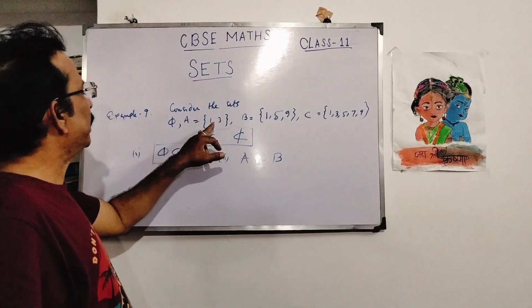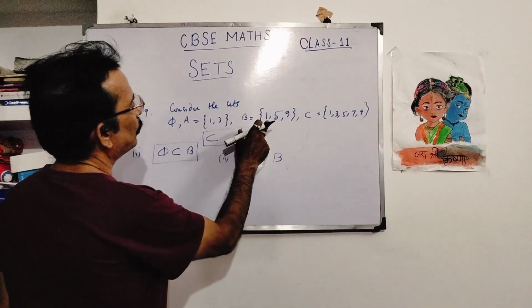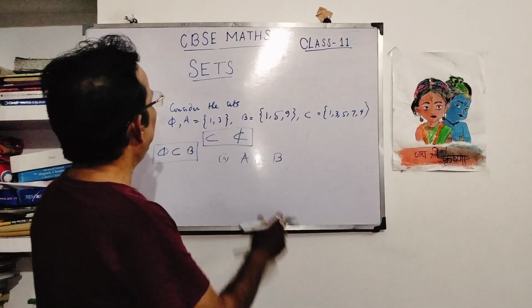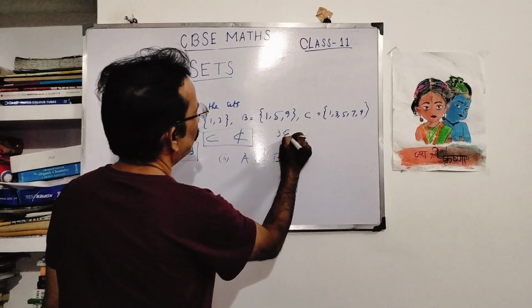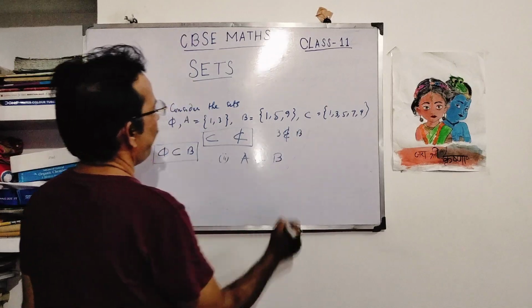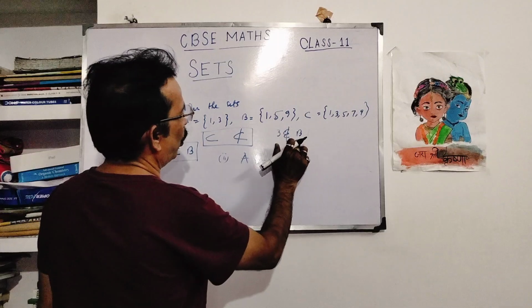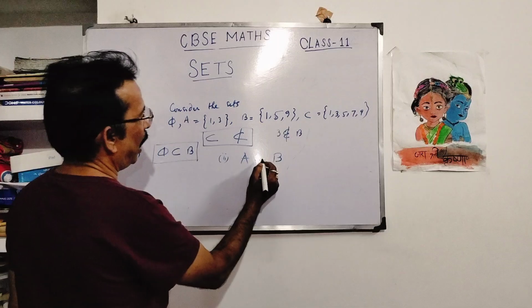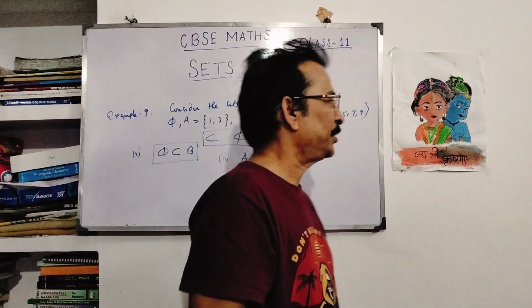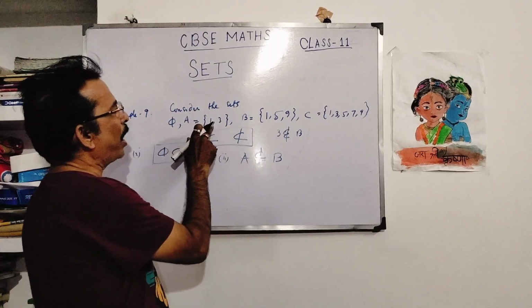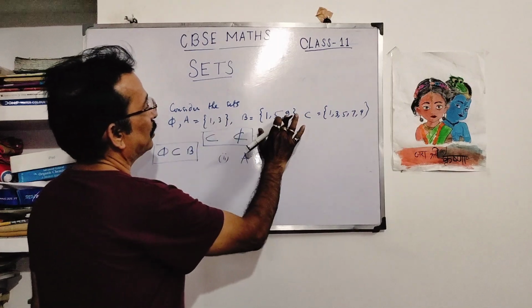Here the elements of A are 1 and 3, and of B are 1, 5, 9. 1 belongs to both sets. 3 belongs to A, but 3 does not belong to B. That is, A is not a subset of B. Clear?